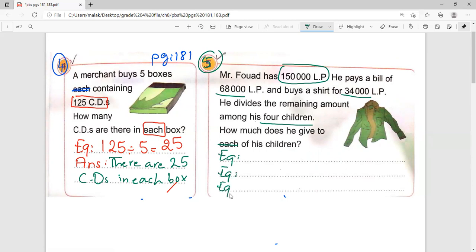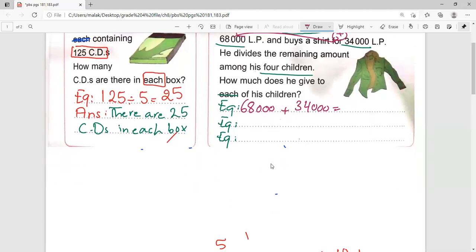The first equation, he has 150,000 Lebanese pounds. He pays 68 and 34. So let's know first how much money does he pay to pay for a bill and to buy a t-shirt, both. How much money does he pay in both? So we are adding them. We will add the two prices. So 68,000 plus 34,000 in order to know how much money does he pay to buy both.